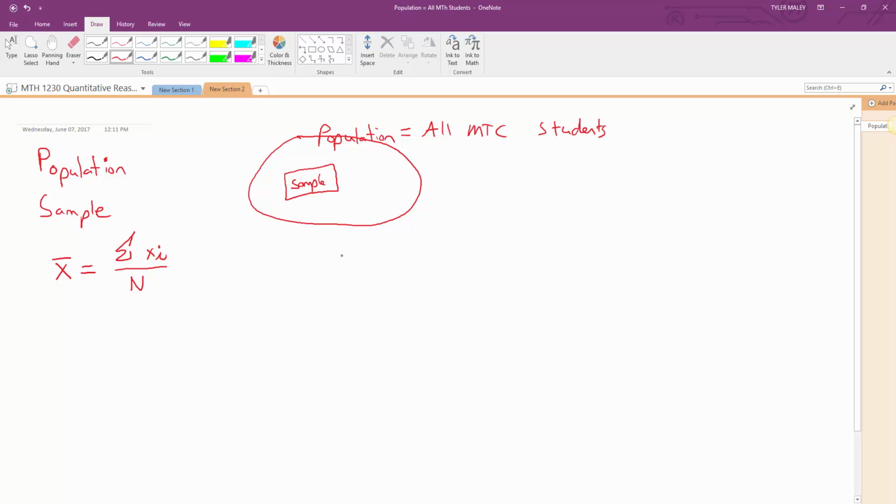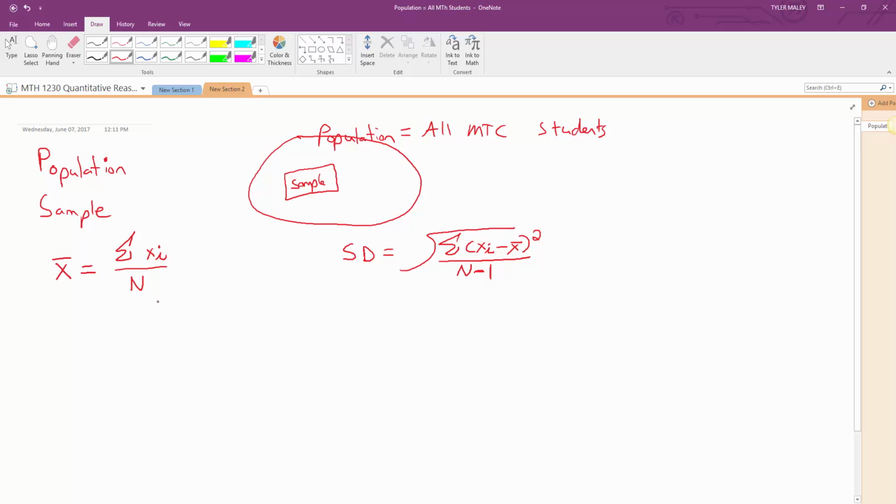And you also may have seen a formula like this for standard deviation, SD: the square root of the sum of x sub i minus x bar, quantity squared, divided by big N minus 1.